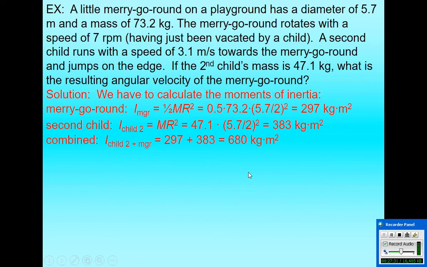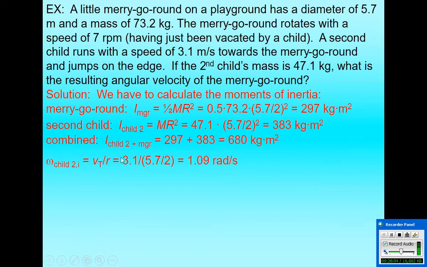This is in rotation exactly what a perfectly inelastic collision is like in linear motion, because the child and the merry-go-round will have the same final angular velocity because they're stuck together. But the initial angular velocity of the child is dependent upon their tangential velocity at the instant just prior to making contact with the merry-go-round.